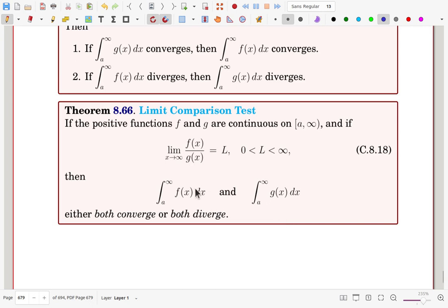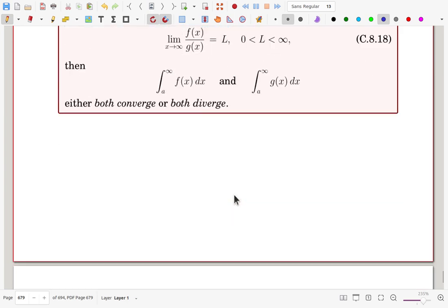Once one of them converges, the other one should as well, and once one of them diverges, so does the other one. That is the limit comparison test.